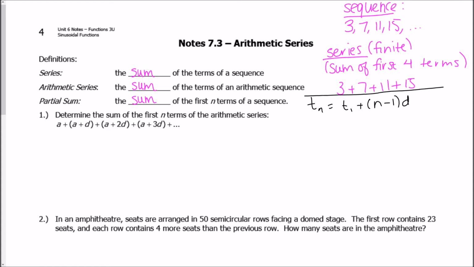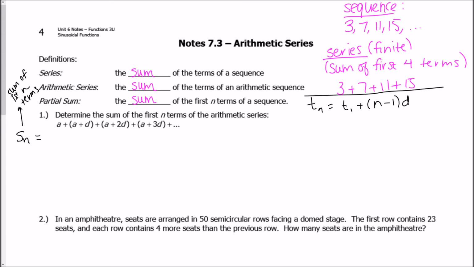So if I want to find the sum of a series that looks like this, if you notice, it's a plus d plus a plus 2d, because we keep adding d on every single time. So essentially we're going to add up all of these terms. S sub n means the sum of the first n terms.